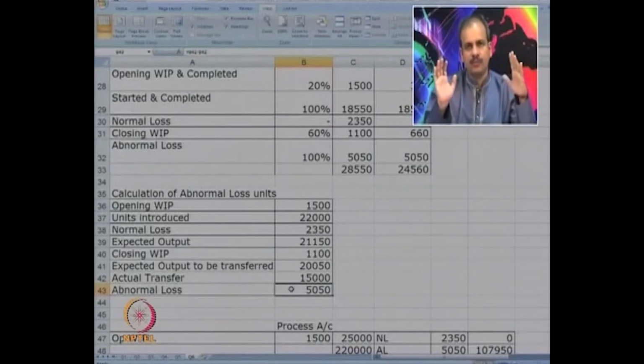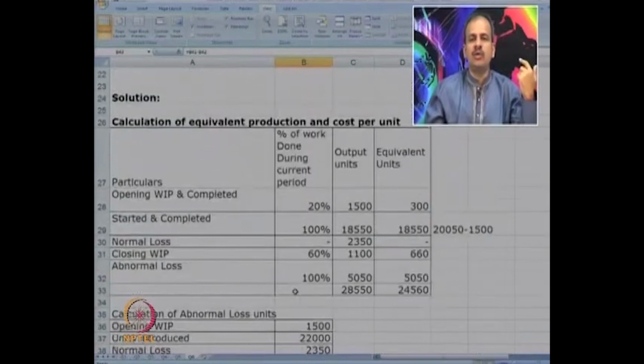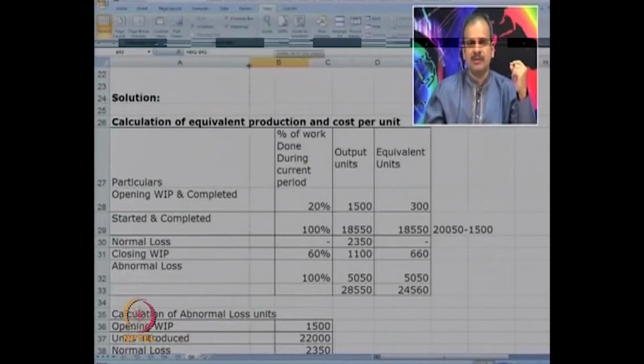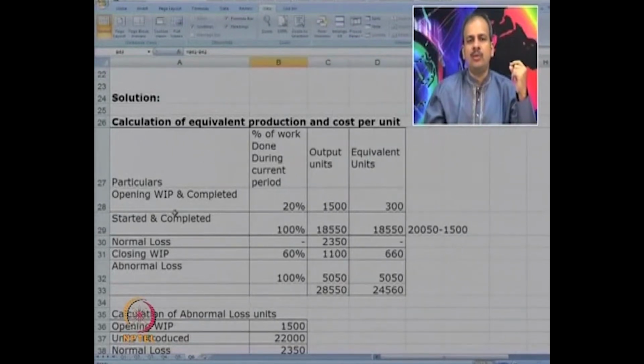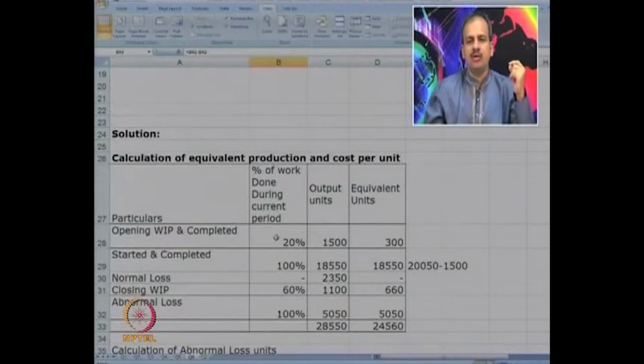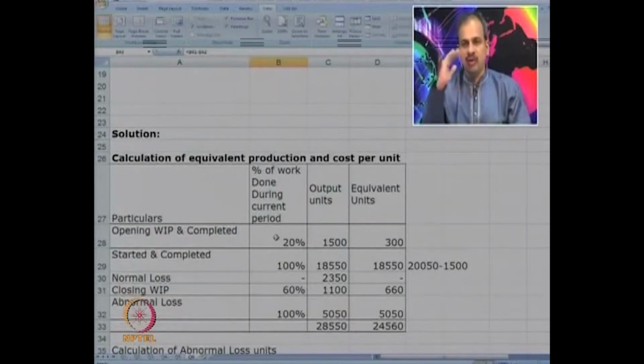It's clear to you? Now let us go to understanding and calculation of equivalent production for the same. So now we have to look at the percentage completion during this particular period for each of the lots separately.